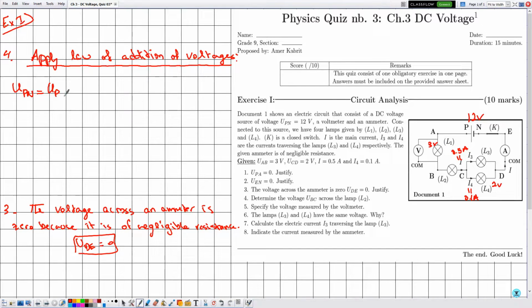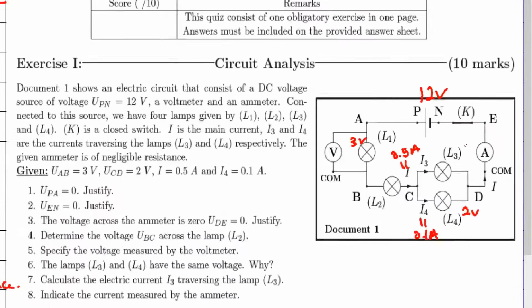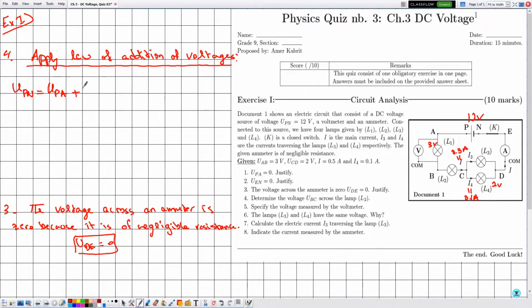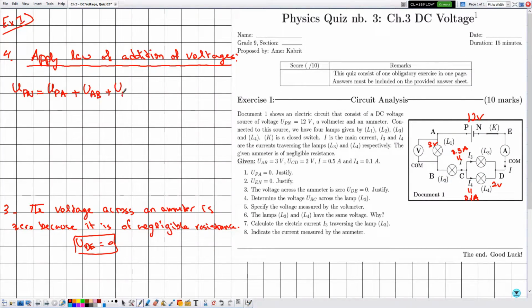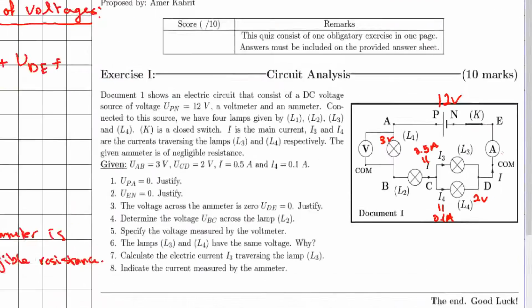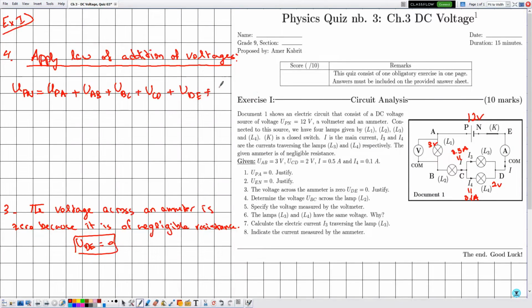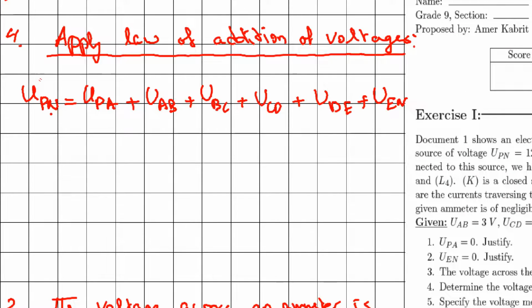From P we go to the point A, from A to B, from B to C, from C to D, from D to E, and eventually from E back to N. This is a valid equation because on both sides we started with P and ended with N, and each letter is inserted twice.